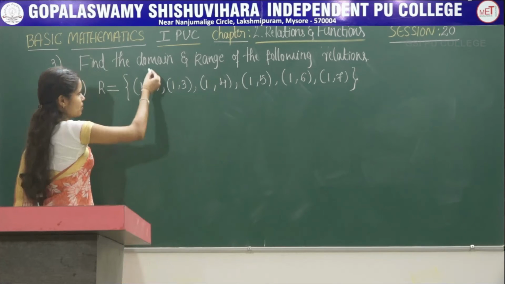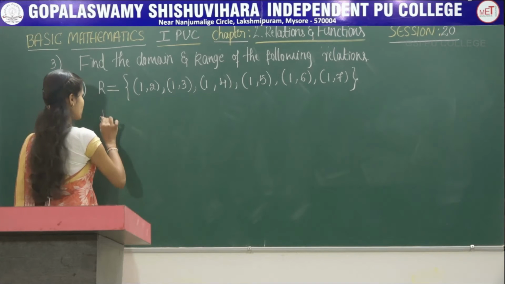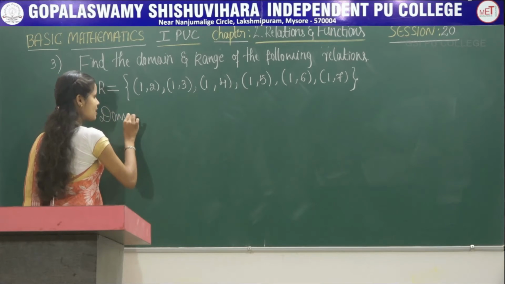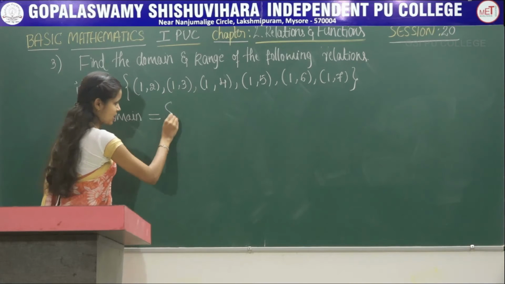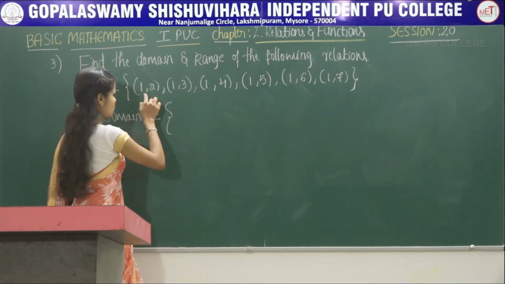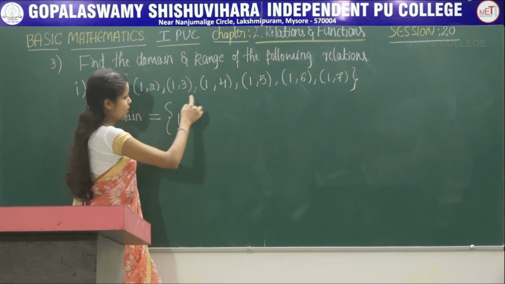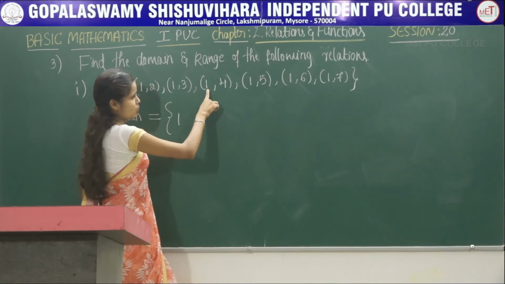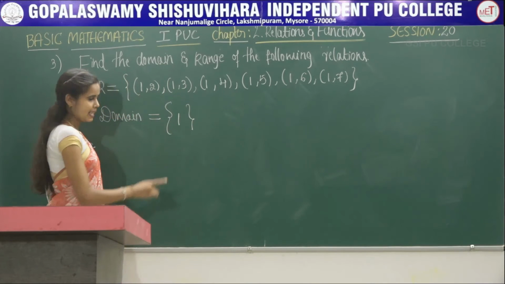Here we want the domain and range of the given relation R. We know that domain means the set of all first elements of the ordered pairs. The first element is always 1, so the domain is the singleton set {1}.